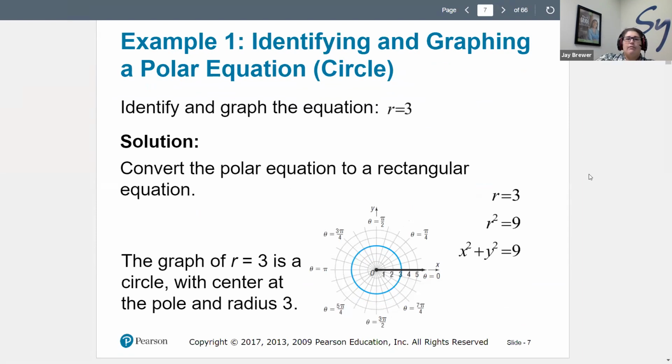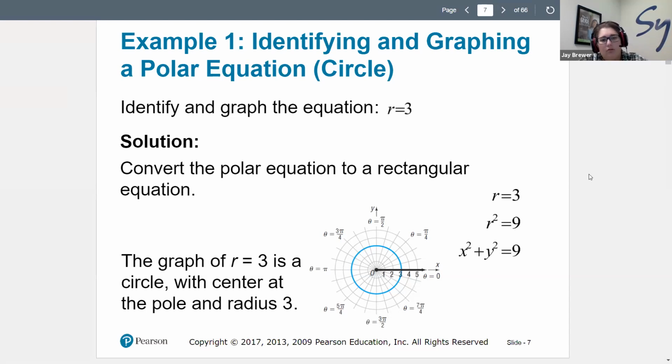We want to identify and graph the equation r = 3. The first thing you want to do is convert it to a rectangular equation. As we've said before, if we get it to r squared, it becomes rectangular. So if we are squaring the left side, we have to square the right side.